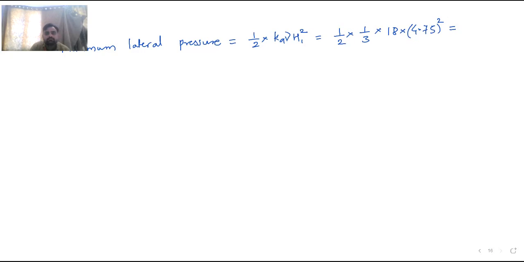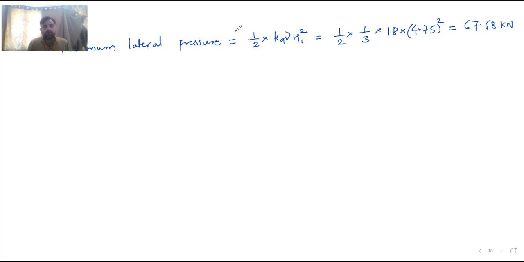What is the answer? It is 67.68 kilonewton.